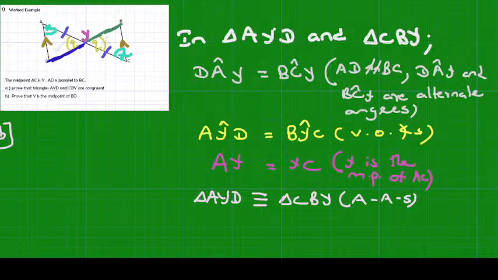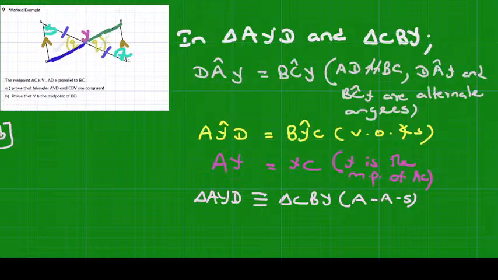All right. Can we prove that the blue line segment is equal to the green line segment? Yes, right? How? The blue line segment is a side of triangle ADY, and the green line segment is a side of the cross triangle, that is BCY.